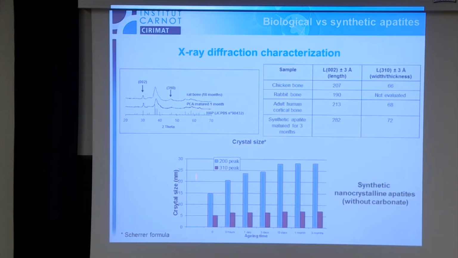And here we have an evaluation of the apparent crystal size for synthetic nanocrystalline apatite, not carbonated apatite, and here the length, sorry, it's 002, this is not 200, and here the 310 line, and you can see that at 3 months this is one of the larger crystals that we can obtain.